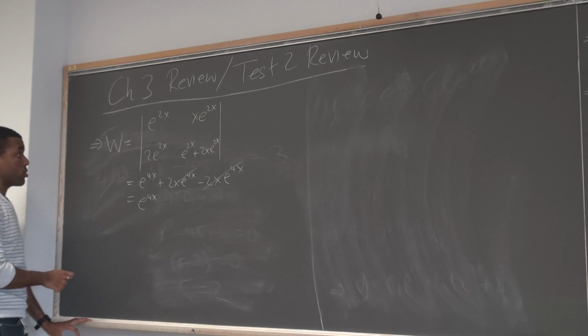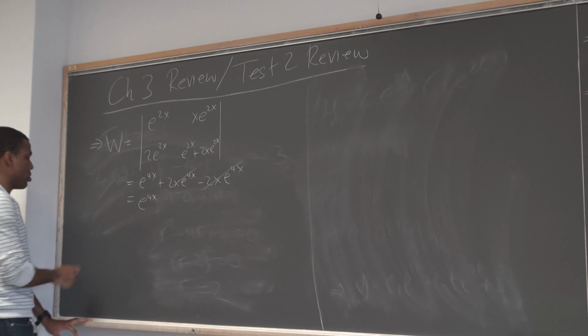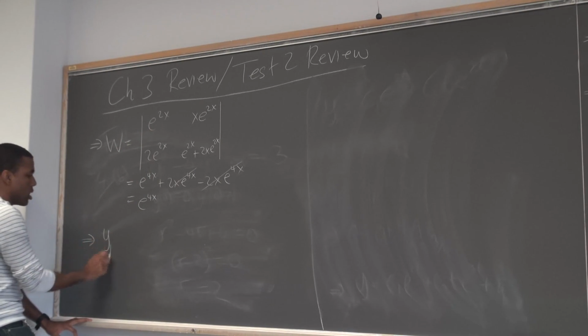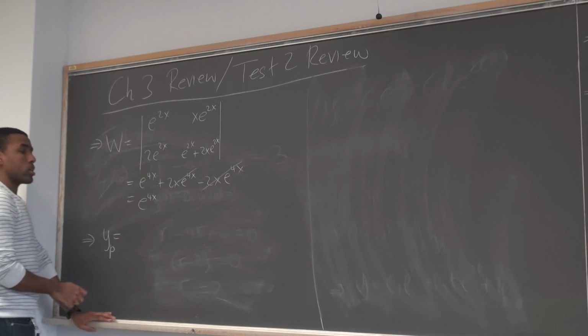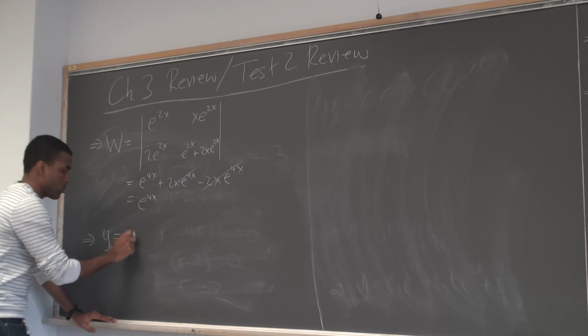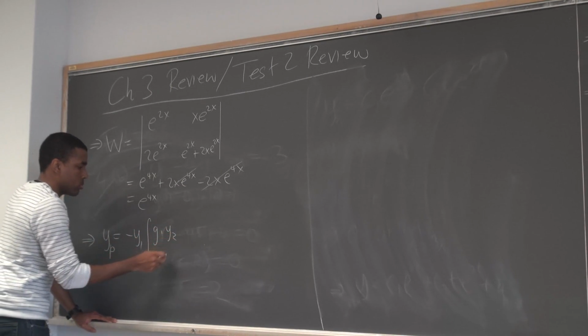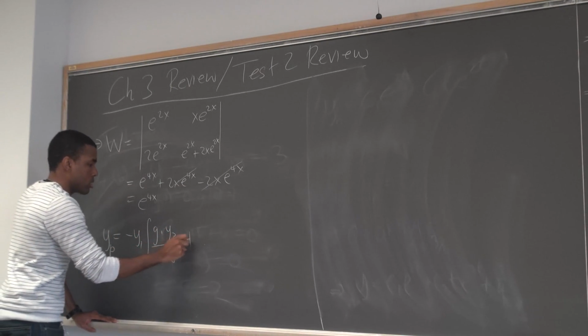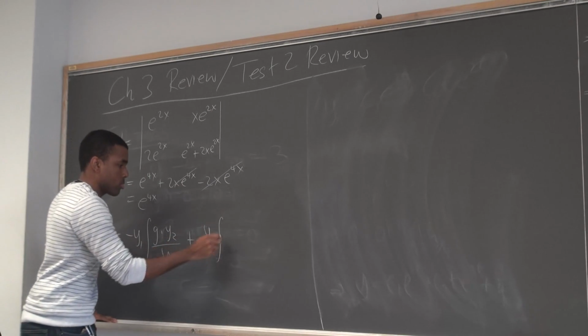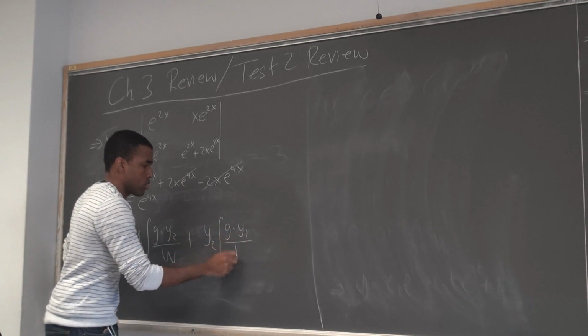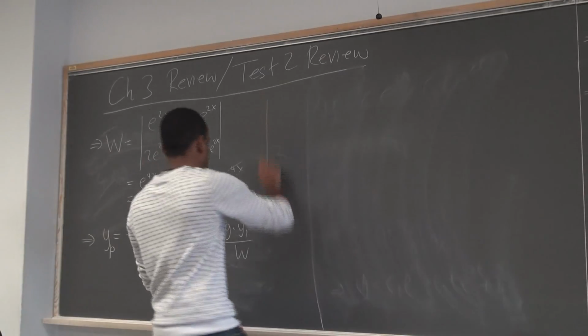You can learn that form if you want. And so our particular solution would look like what? What's the formula? Minus y1 times the integral of g y2 over the Wronskian, plus y2 times the integral of g y1 over the Wronskian.